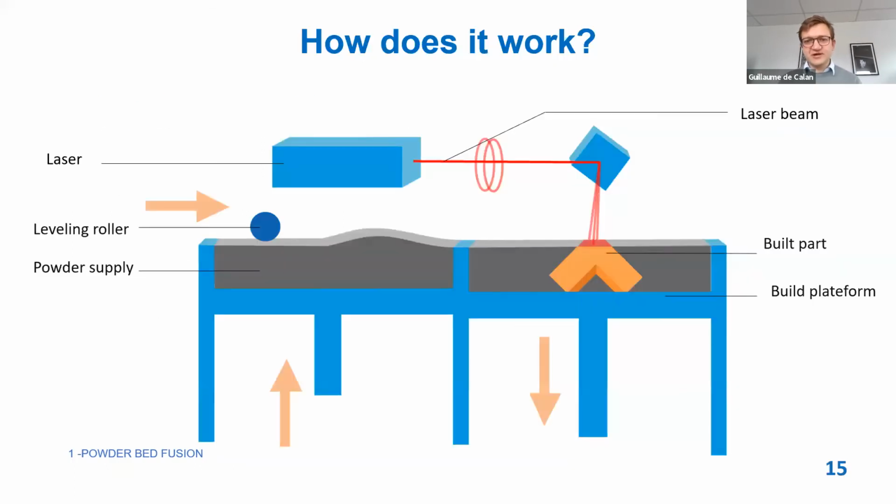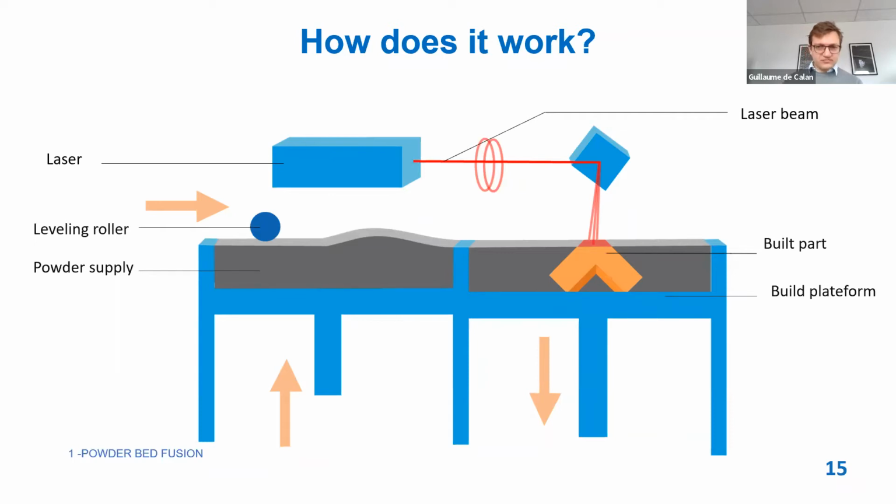And how does it work? Quite simply, you have a laser or a power source, an electron beam it could be, which is directed on a powder bed. So you put a layer of powder, and with a laser or another power source, you're going to melt or sinter selectively the powder where you actually want your part to be solidified.